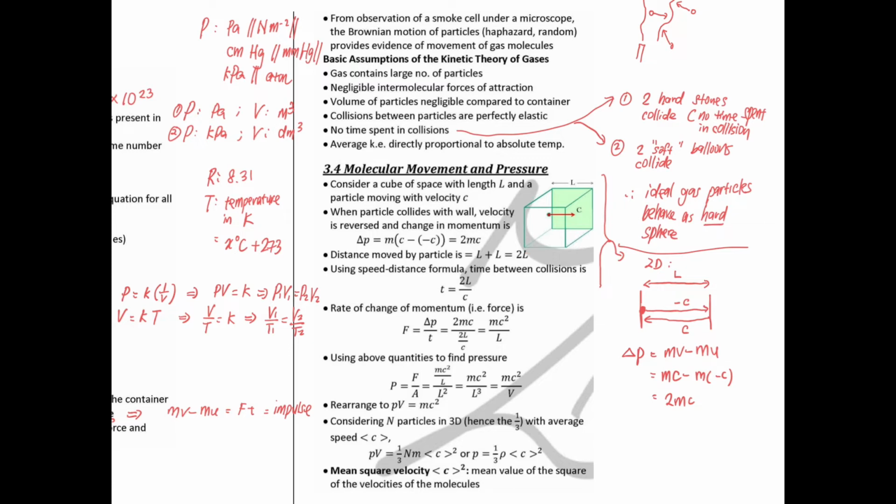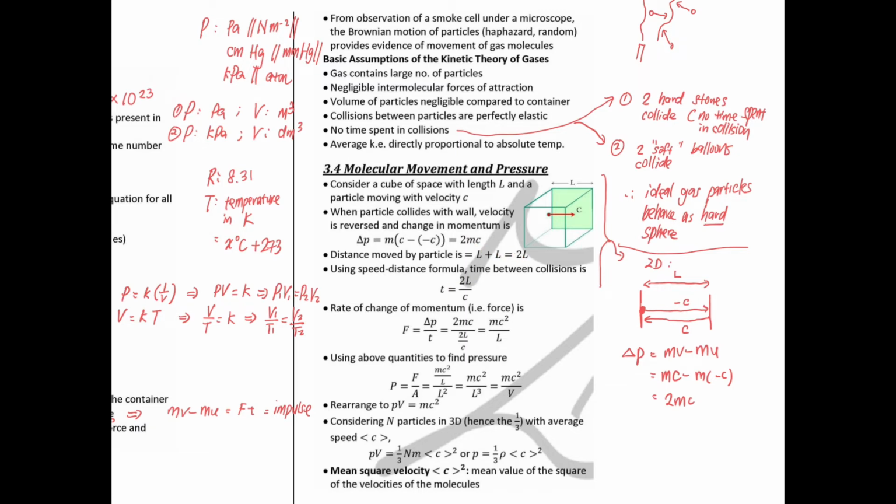Using speed distance formula, time between collision is t equal to distance over speed, right? So time is 2L, the distance from here go to here and go back here, over the speed c. Okay, so we have many information already. We have change in momentum, 2mc. We have distance moved. We have time.